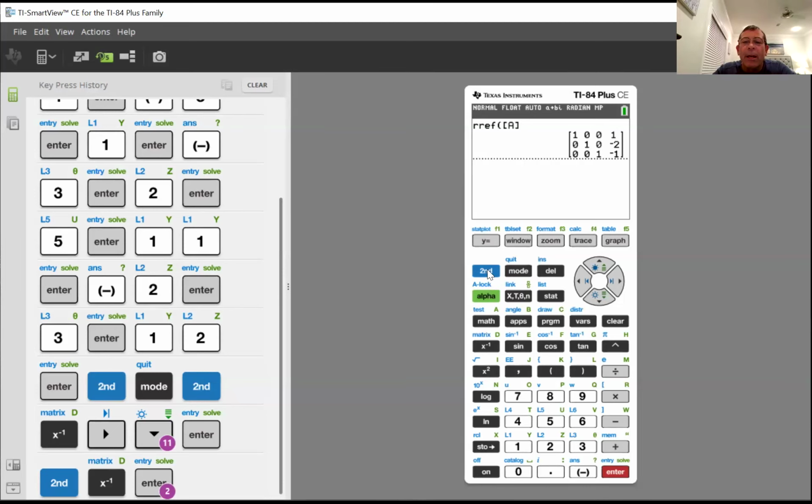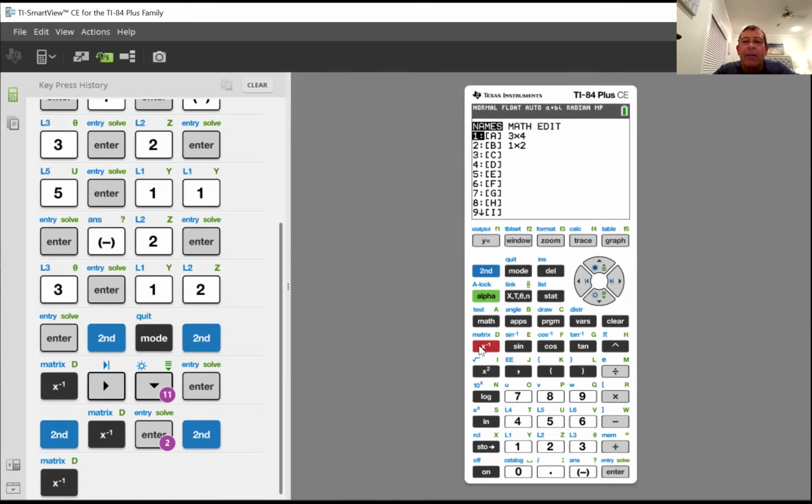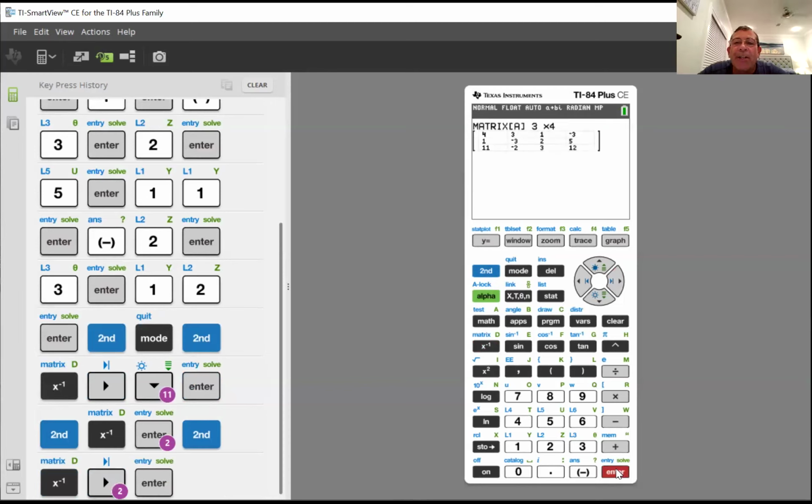Let's go to my matrix. I'm going to edit and hit enter. Make sure your numbers are matching mine. So go to edit and see you got 4, 3, 1, -3 for your first row. 1, -3, 2, 5 on your second row.